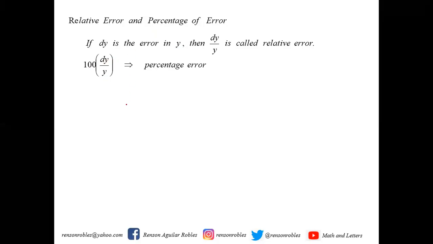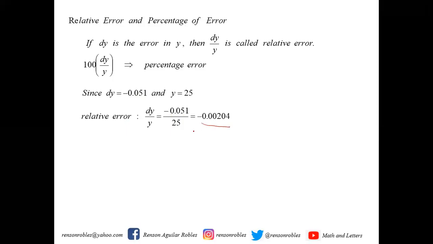Going back to our problem, we say that y equals 25 and dy is negative 0.051. And therefore, the relative error is given by dy over y, and that is negative 0.051 over 25. And again, with the aid of your calculator, that's negative 0.0024. And for the percentage error, we just multiply this by 100, and that's negative 0.204%.